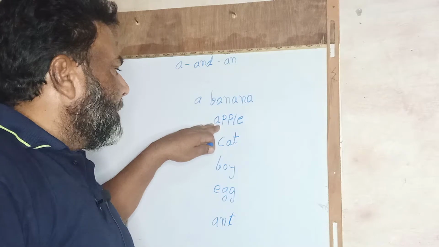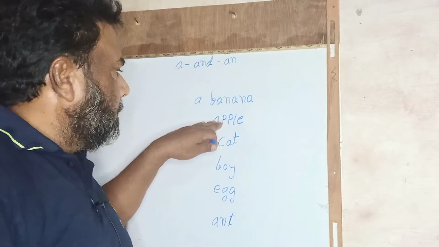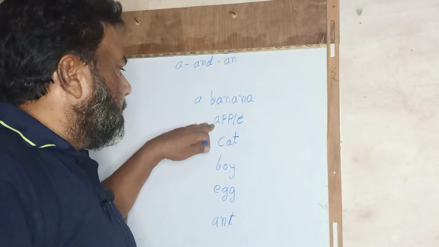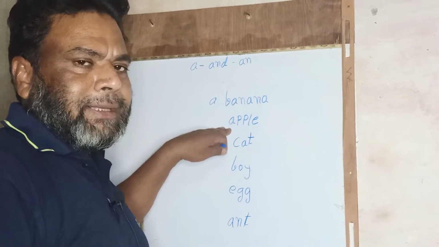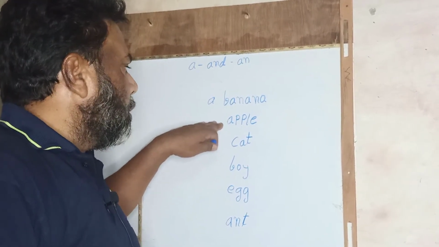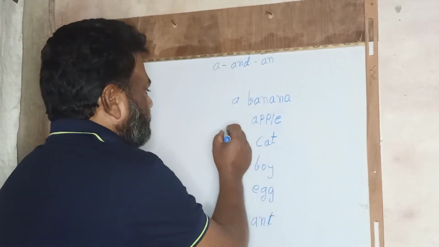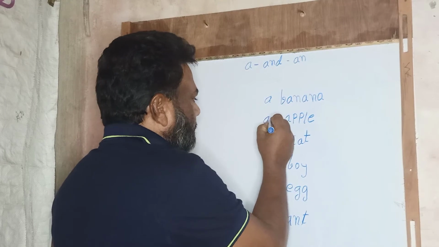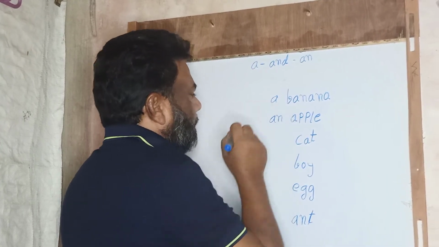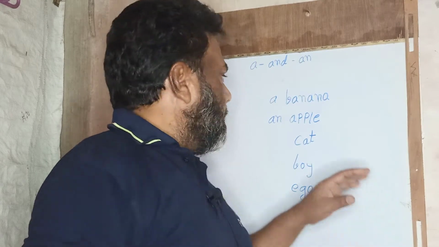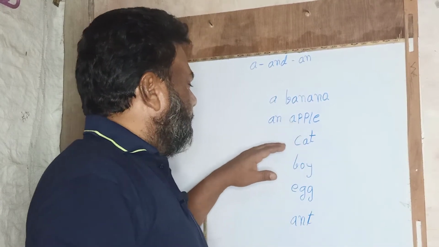The second noun is apple. Apple starts with A. A is a vowel, so here we must use an apple, an apple.